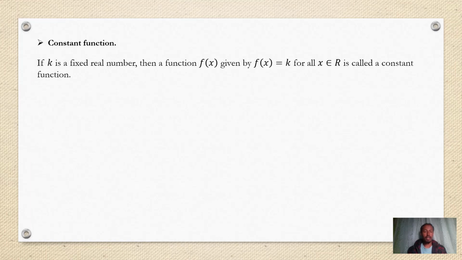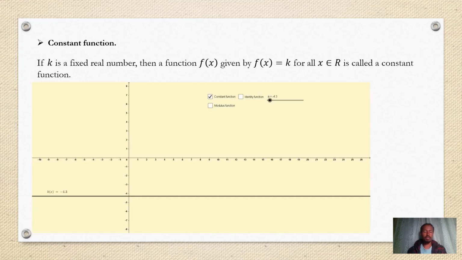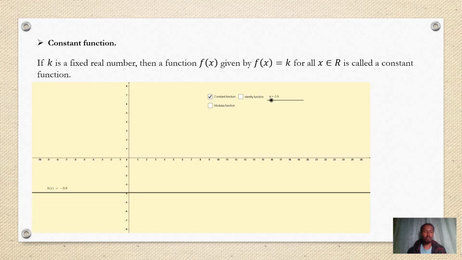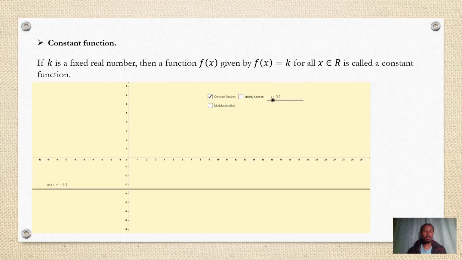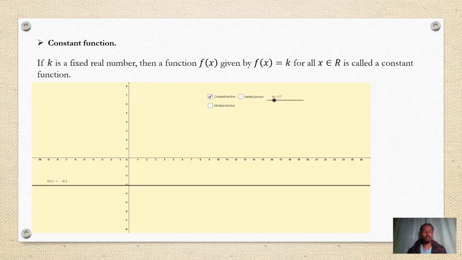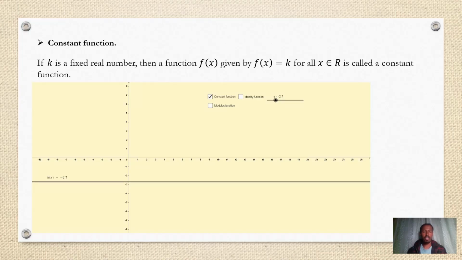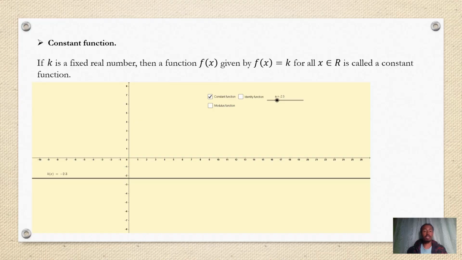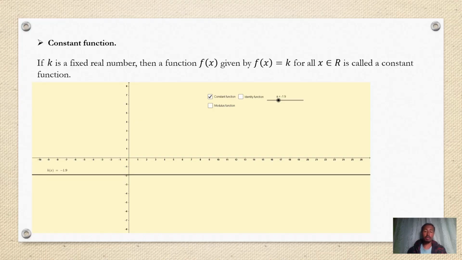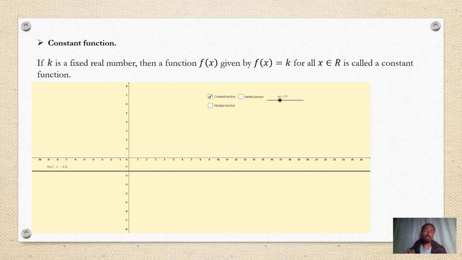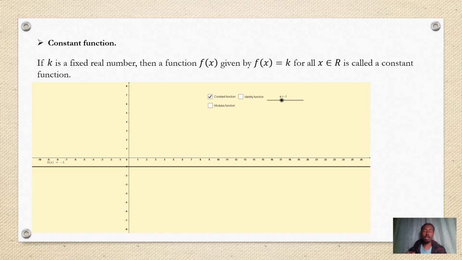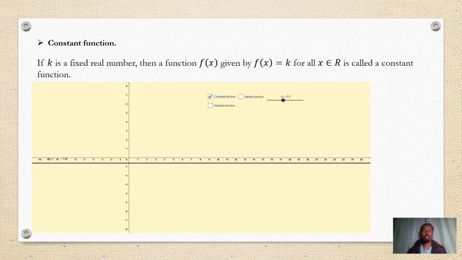Well, as we have discussed in the contents of the first PowerPoint, constant function is another type of function. If k is a fixed real number, or a constant number, then the function f of x given by f of x equals k, for all x an element of the real numbers, is called a constant function.